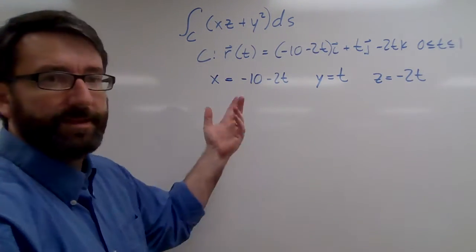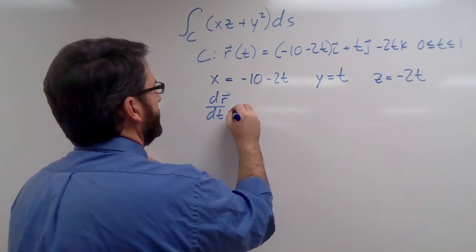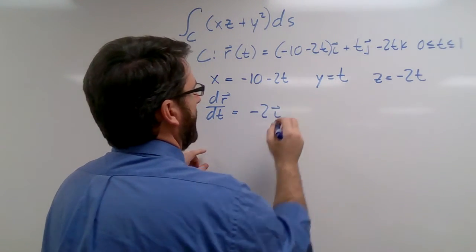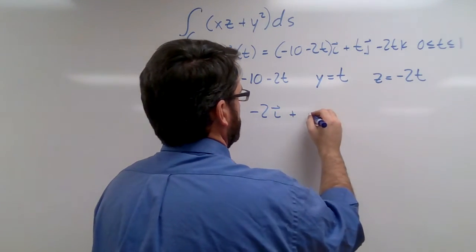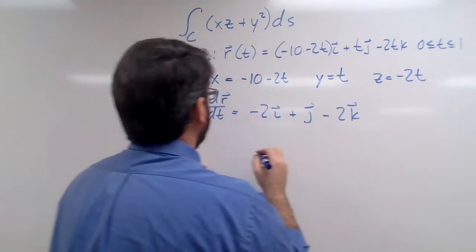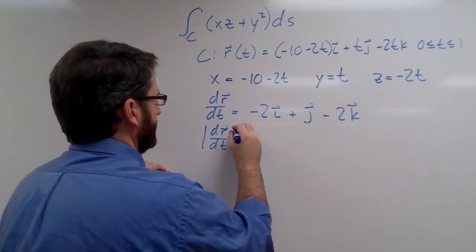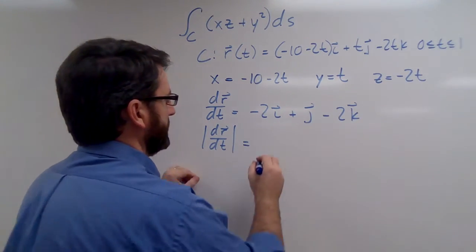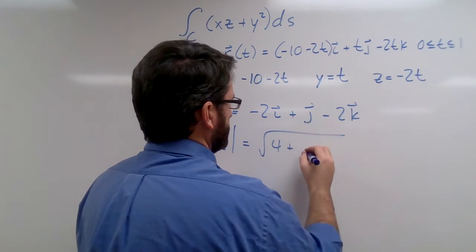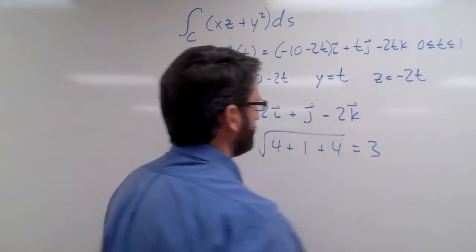All right, and then dr/dt is going to be equal to negative 2i plus j minus 2k. So the magnitude of dr/dt is going to be the square root of this squared, so 4, plus 1 plus 4. So that's going to be the square root of 9, which is 3.